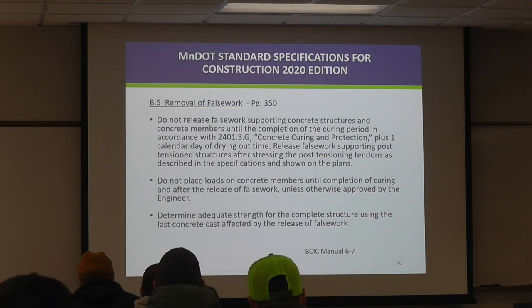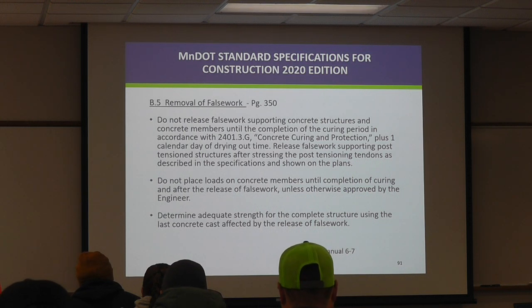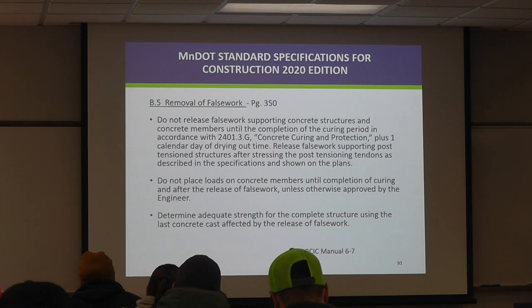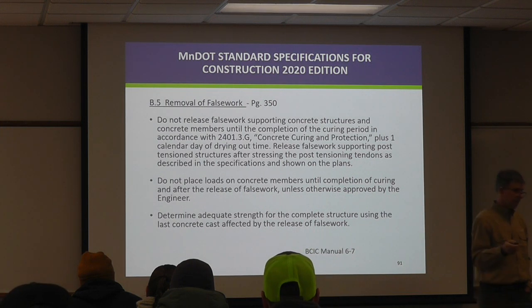And then here's the post-tensioning piece that we talked about. So don't place loads until you've completed the curing, and determine the strength based on cylinders from the last concrete cast. So sometimes our pours get kind of lengthy. On St. Croix, it wasn't uncommon to have a 10 or a 12 or 14-hour pour.